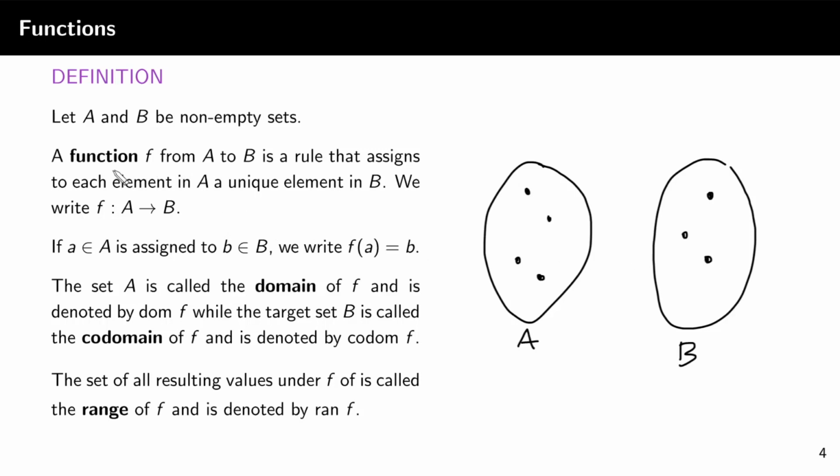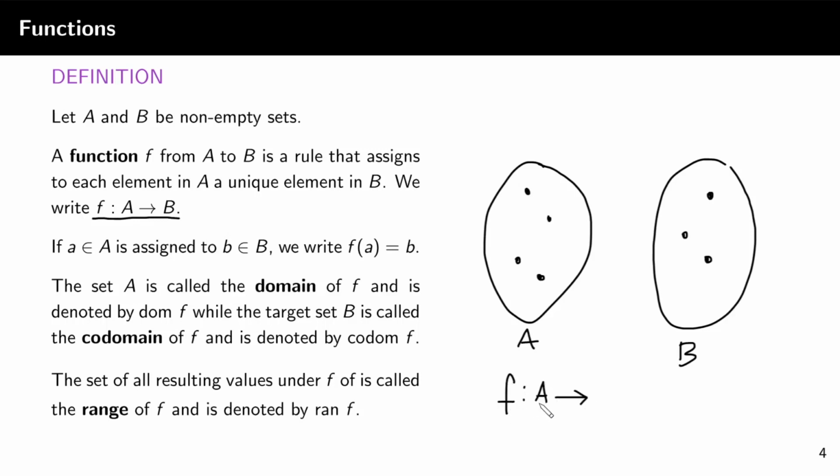So, a function, f, from A to B. So, it's a rule that assigns to each element in A a unique element in B. Okay. So if we have that function, we write it this way. So this is the notation for f being a function.